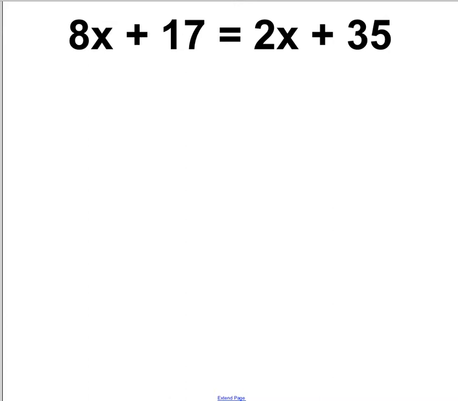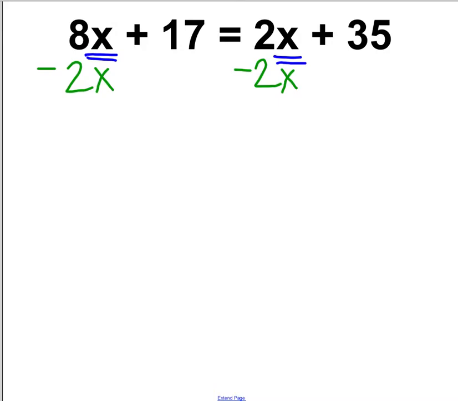Let's try another example. Look, I have variables on both sides. You want to get all the variables to one side and all of the constants to another. And it doesn't matter if you put the variables on the left or the variables on the right. So I like to move the smaller coefficient by doing the inverse. So let's get rid of a minus 2x on both sides.